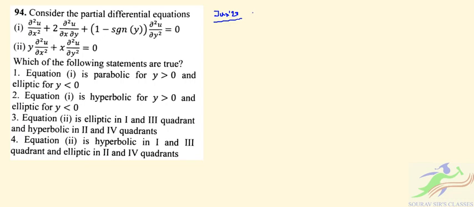Okay, let's start. We have a partial differential equation A del 2u del x2 plus B del 2u del x del y plus C del 2u del y2 equal to 0.